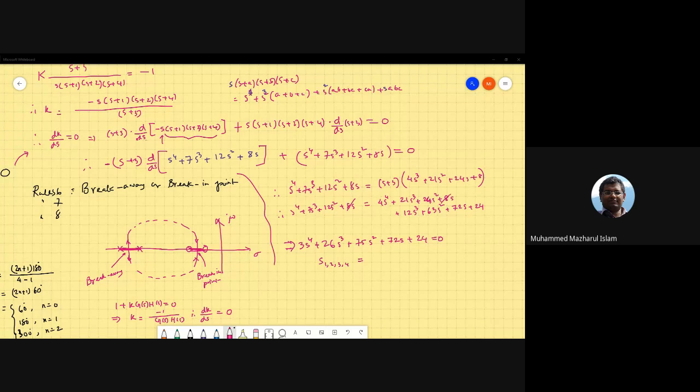The other method does not reduce the complexity of the calculation, so I'm just going to show you this method. You can learn and use the other method from the textbook, but as I said, it does not reduce the rigor of the calculation in any way. So this one should be sufficient.